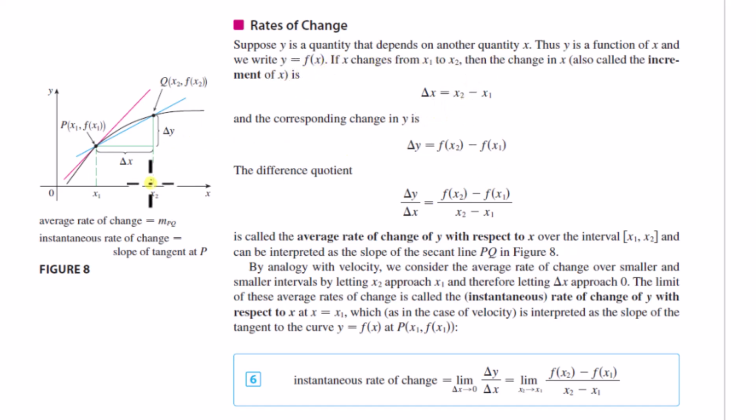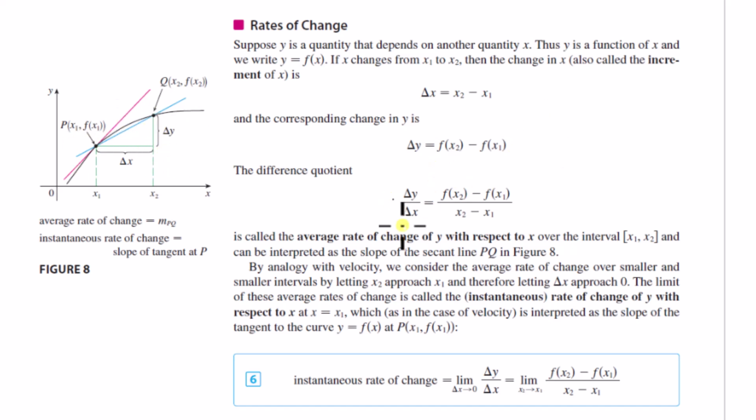Okay, and so all they're going to do is just set up the difference quotient again, with point Q having x coordinate x2 and y coordinate f of x2, and point P having x coordinate x1 and y coordinate f of x1. The advantage of this is that you can label the distance from the x coordinate of point P to the x coordinate of point Q with a simple delta x, and the change in y coordinate from point P to point Q with a simple delta y.